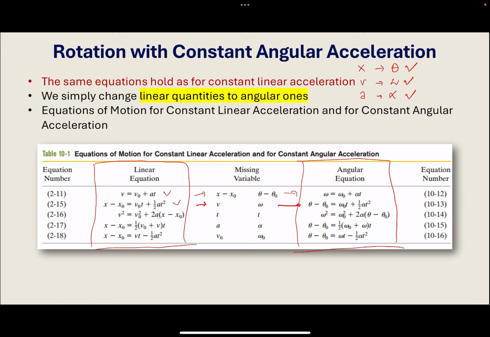Look at the table on the slide. On the left side are familiar linear equations, and on the right side are their rotational counterparts. The first equation we have is v equals v0 plus at, and the angular equation is omega equals omega 0 plus alpha t.